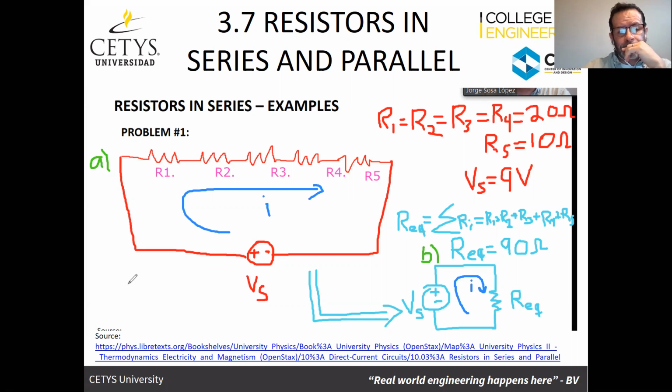And so this means that I can find the current using Ohm's law. I know that voltage is equal to current times resistance. The current then, from Ohm's law, is voltage divided by resistance.